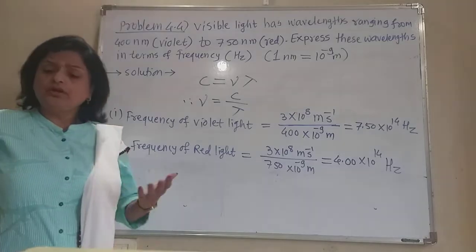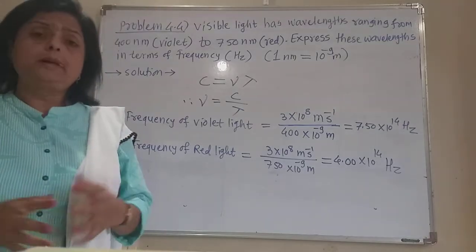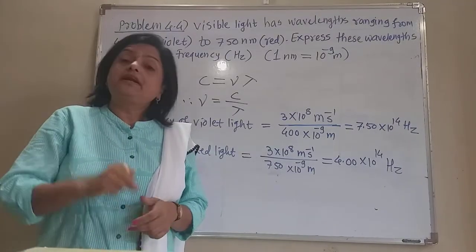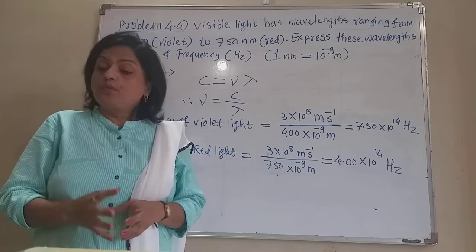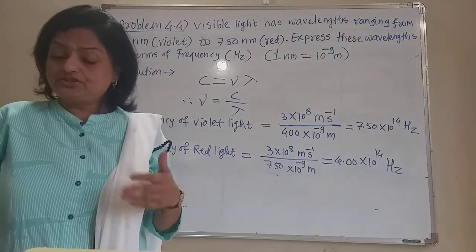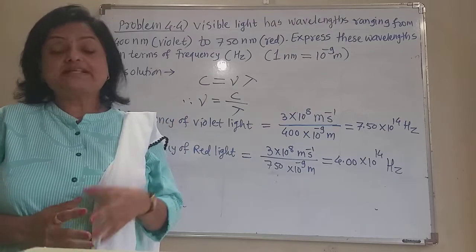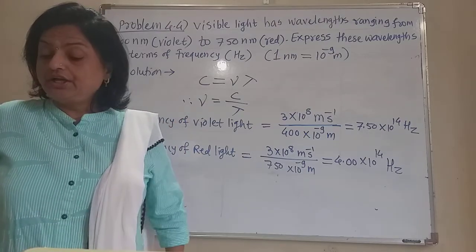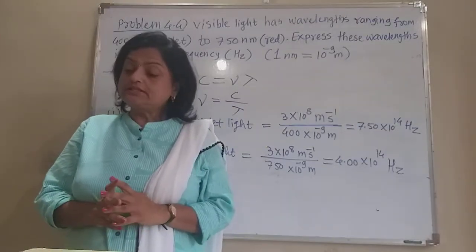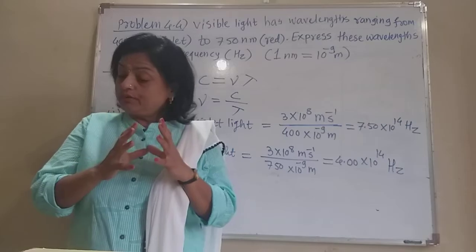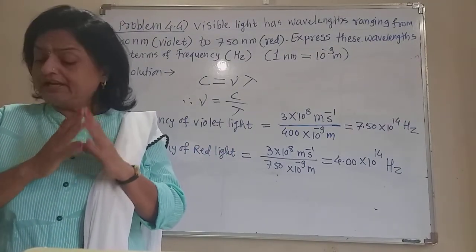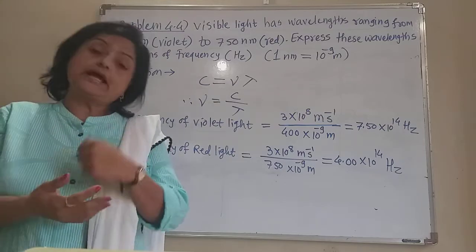Now come to the particle nature of light. The particle nature of light is called the photon. This was put forth by Max Planck in 1900, and he put forth the quantum theory, because Planck named quantum the smallest quantity of energy of light which is emitted or absorbed.